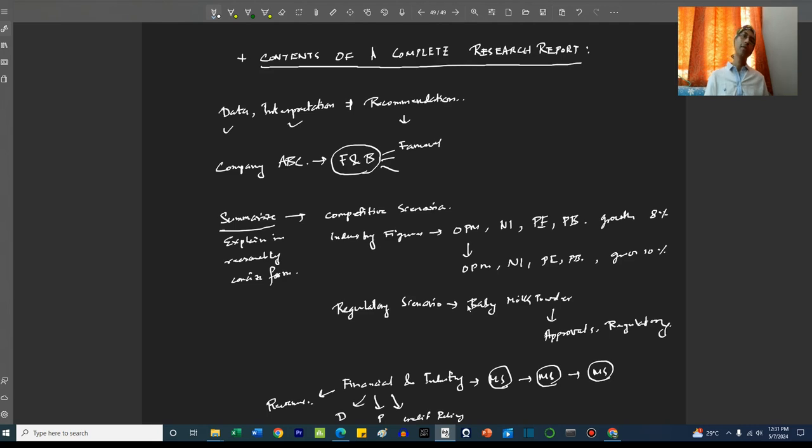It should not be too short that the target investor does not even understand why you are saying something, and it should not be too long that people get lost in the details while reading it. So that's about it. Summarize does not mean making it too concise. I just wanted to make a note of it.